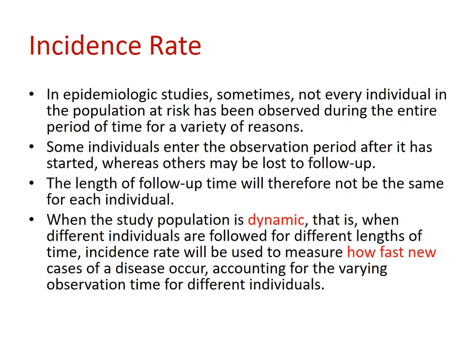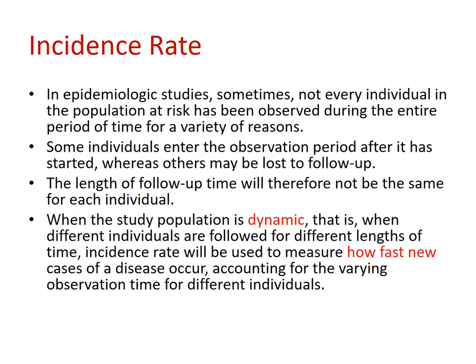Some individuals enter the observation period after it has started, whereas others may be lost to follow up. The length of follow-up time will be different for each individual, not the same period like cumulative incidence. This is what we call a dynamic population. So we are calculating incidence in dynamic populations. People are coming and going at different time intervals.